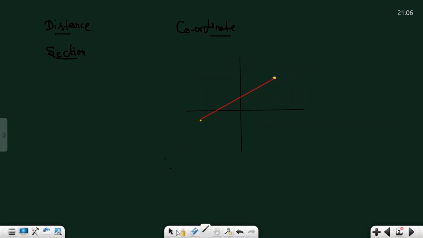If we give here point A and point B, our first question is what is the distance between A and B, then we use the distance formula.